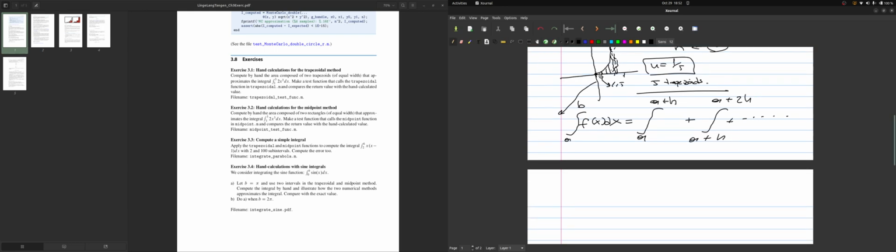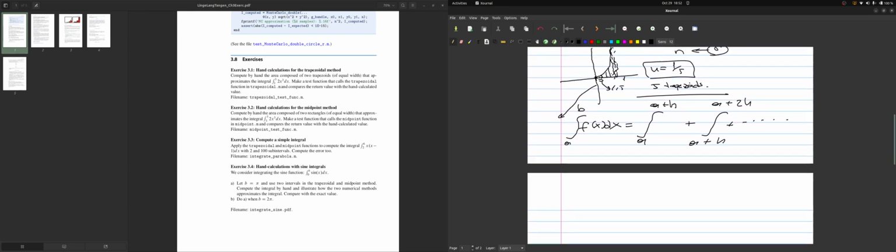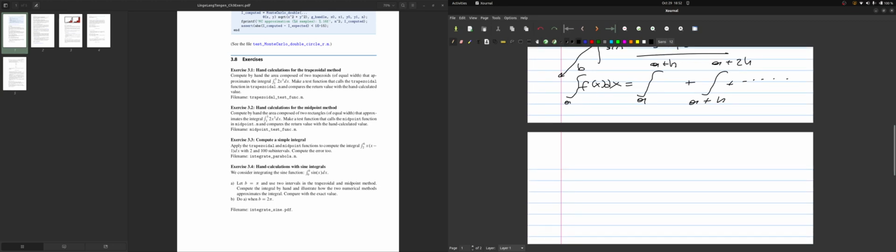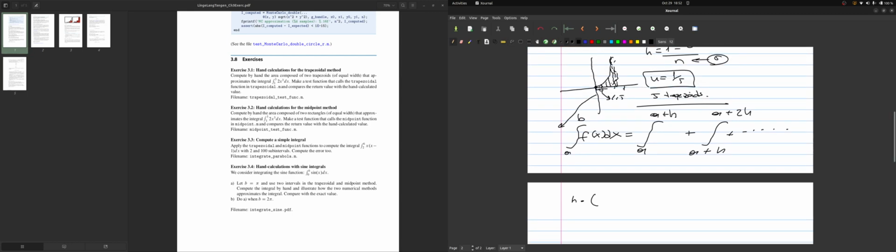But the main point here is that this value h is the same in every trapezoid. So we have h times the whole of a plus b over 2 at each point. So this function plus this function over 2, this function plus this function over 2, and here we end up having something like this: h times the first one.